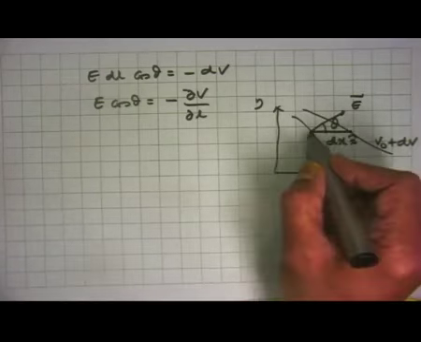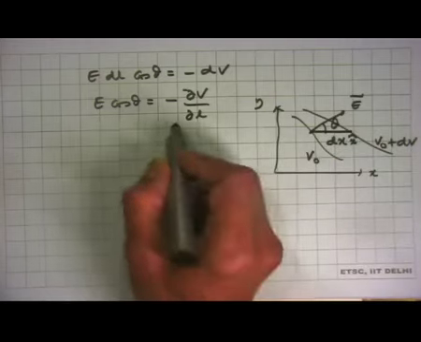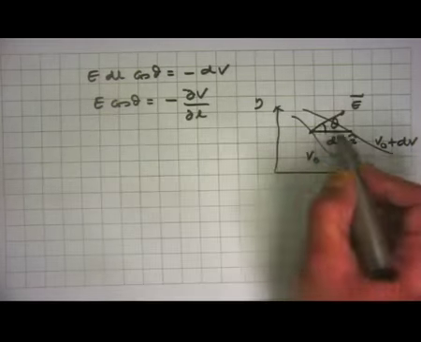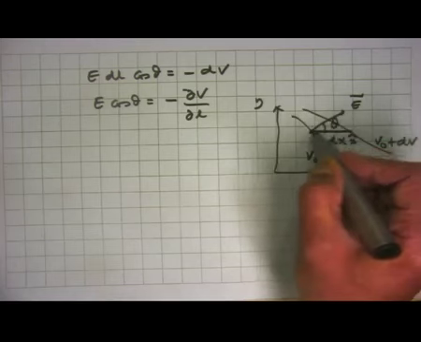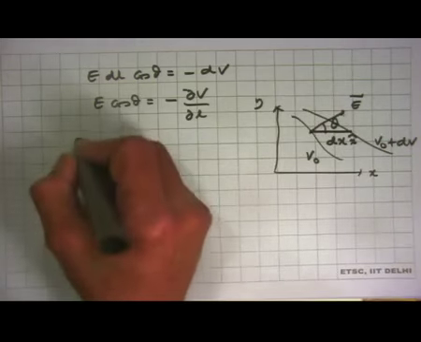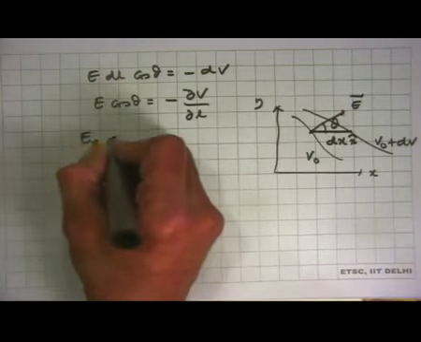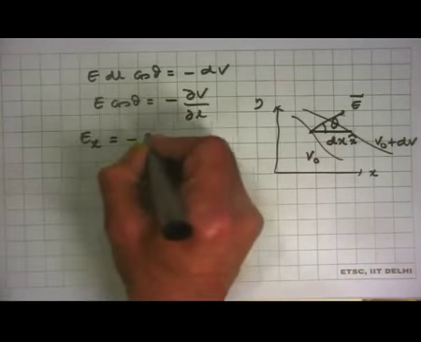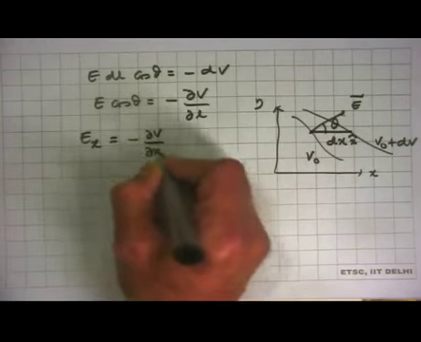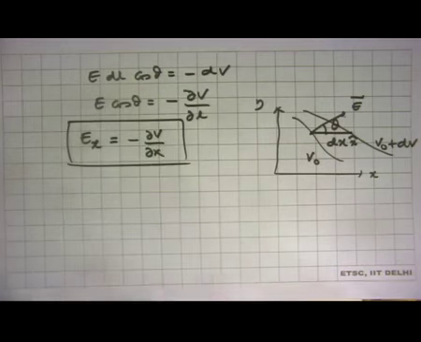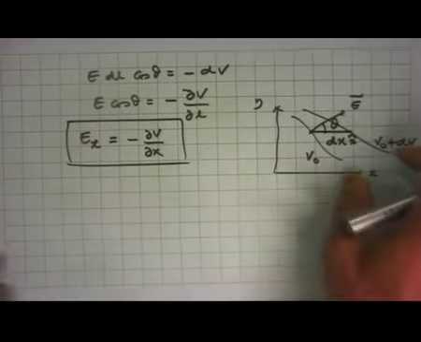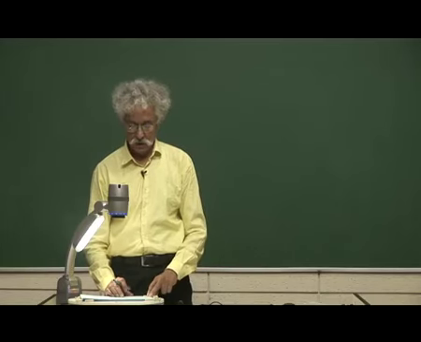So dl will be along the x axis, and theta will be the angle between the E vector and the x axis. So E cos theta is nothing but the x component of the electric field, which is equal to minus del V by del x. I am writing partial derivative because the potential depends in general on all coordinates x, y and z.